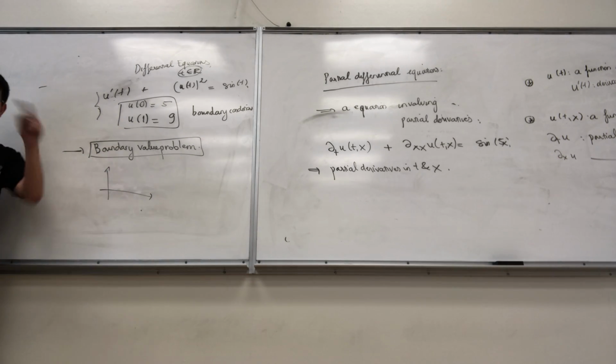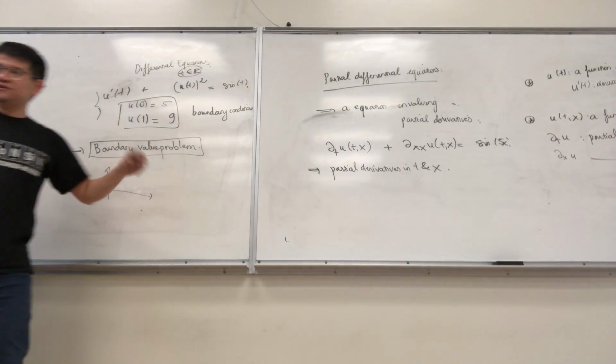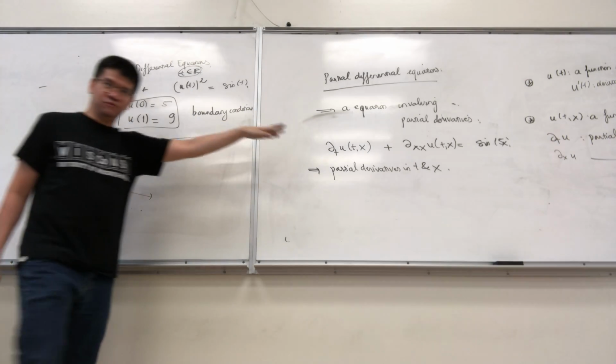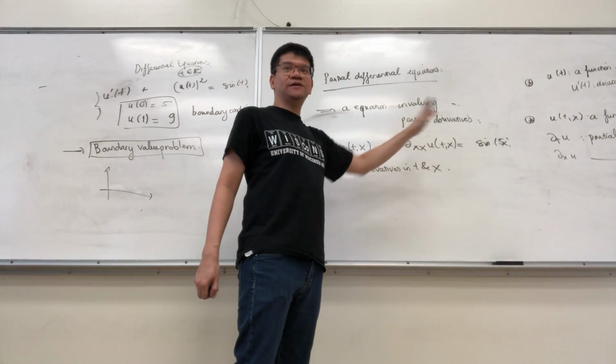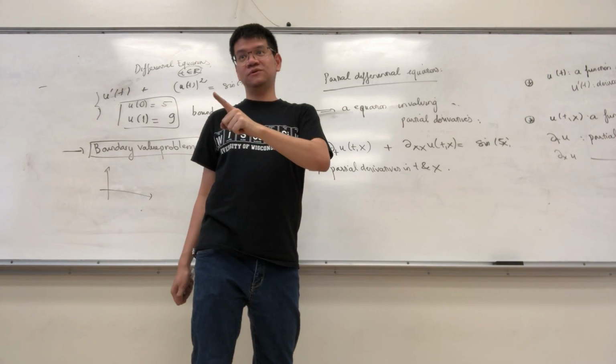Right. So the key difference between the two equations is what? You change from derivative to partial derivative, and you change from a function of one variable to multiple variables, right?